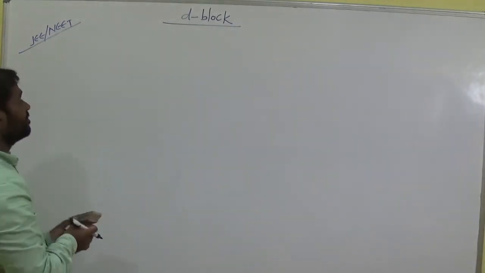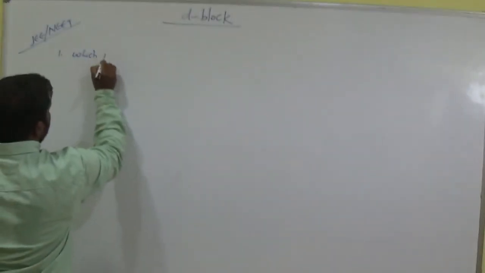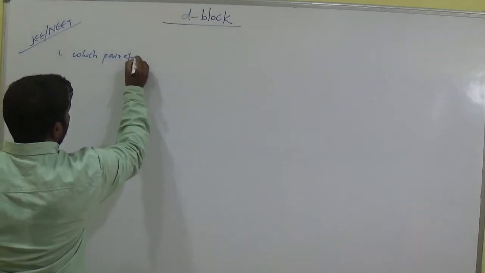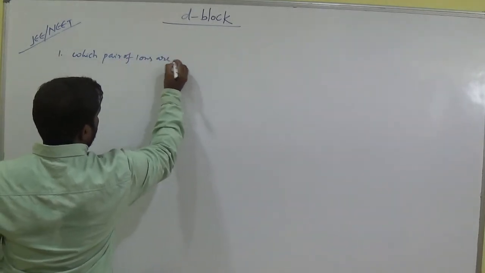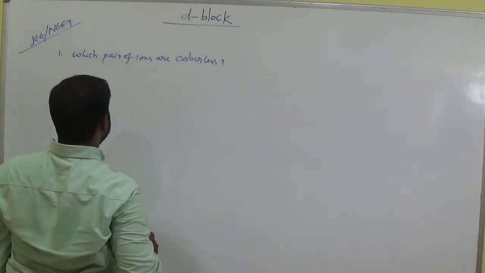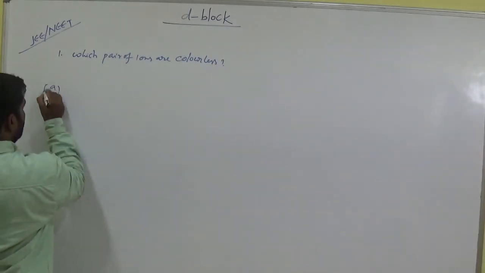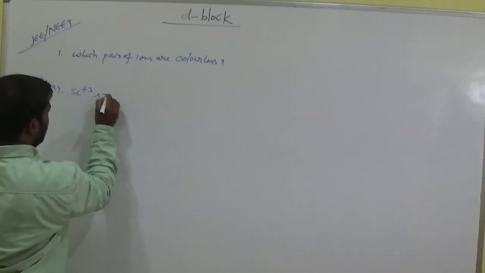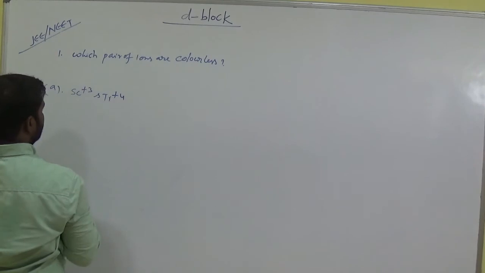And next one. Which pair of ions are colorless? Option A, scandium plus 3 and titanium plus 4.